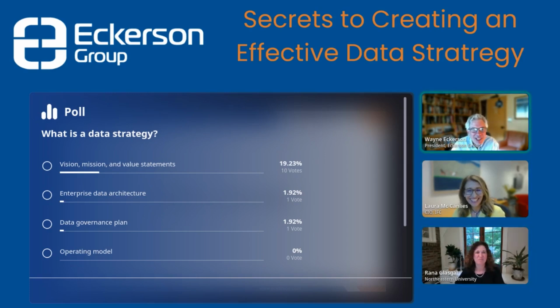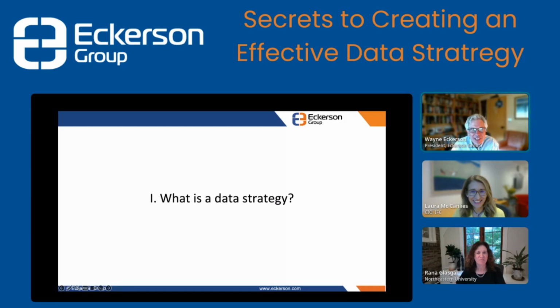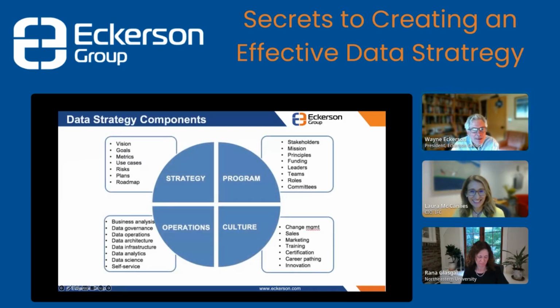So I'm going to present a few slides, very conceptual, on what a strategy is. This is from one of the reports on that topic page that I mentioned earlier. A data strategy is very comprehensive. It has basically four main areas.